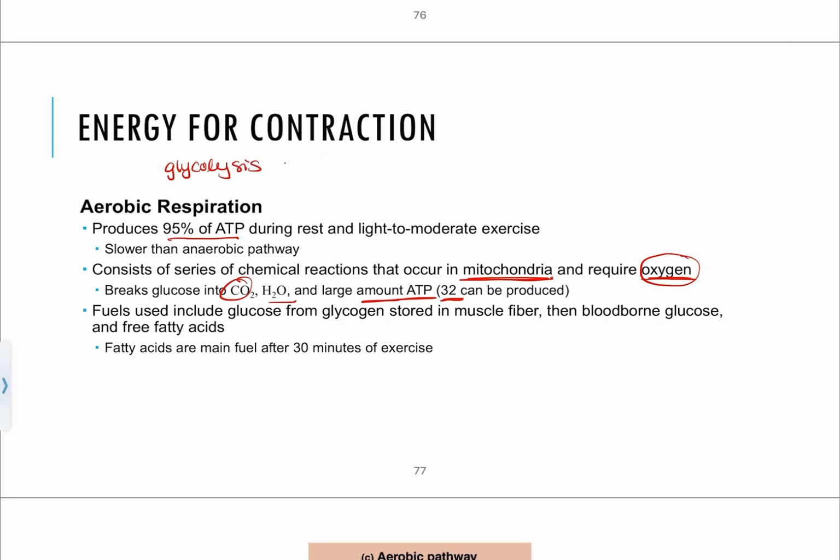And then we have something called a transitional phase or a preparatory reaction. And then we have the citric acid cycle, formerly known as Krebs cycle. And then we have the electron transport chain and oxidative phosphorylation.